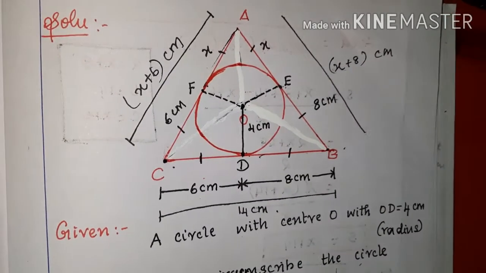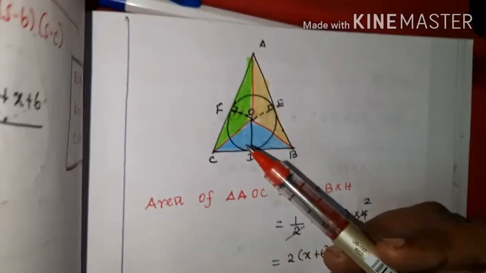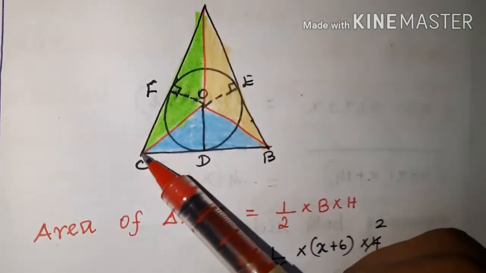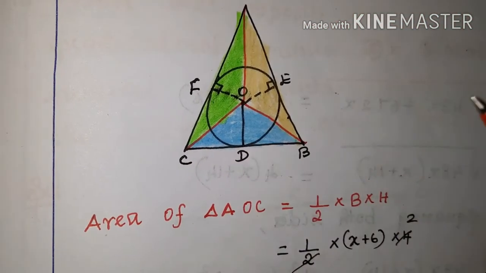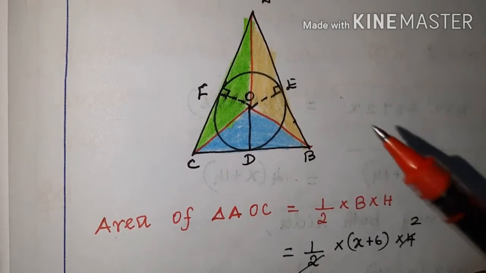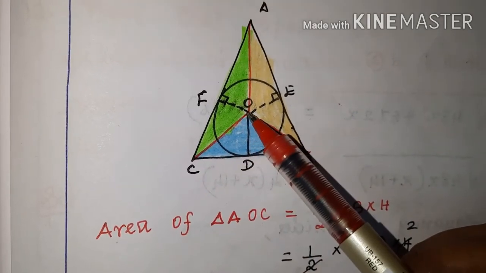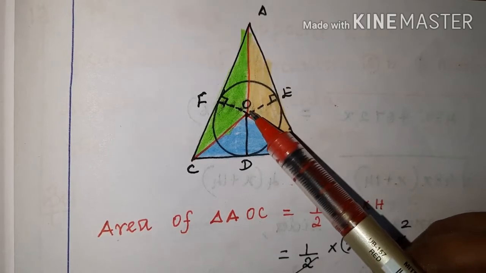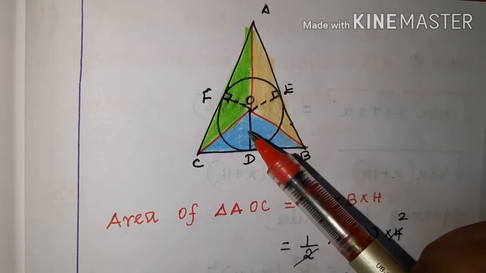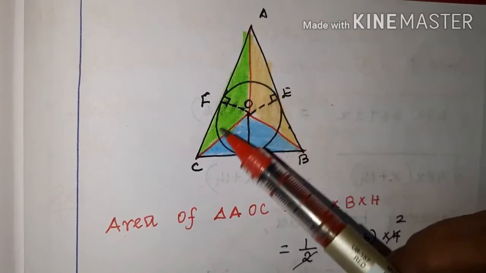So now we are going to join all the three vertices with the center of the circle. If I join OC, OB and OA, you will get three triangles, isn't it? See, the green color I have shaded one.